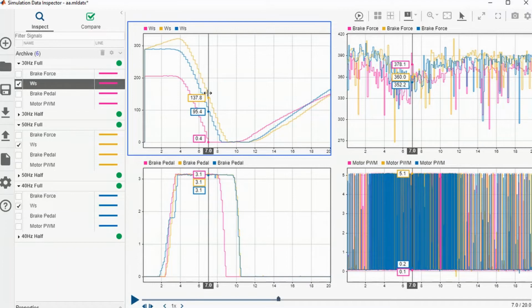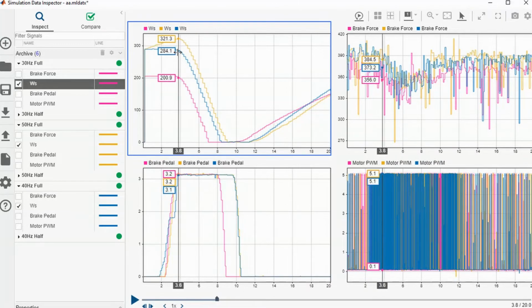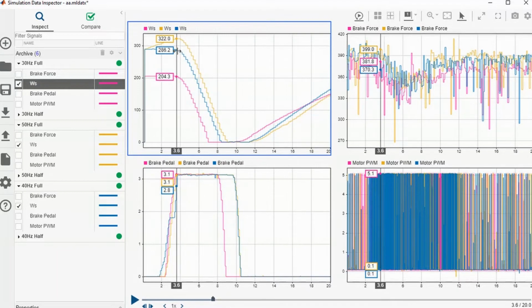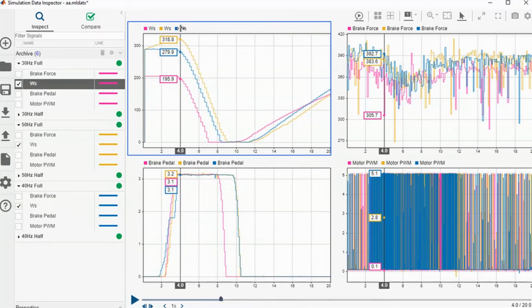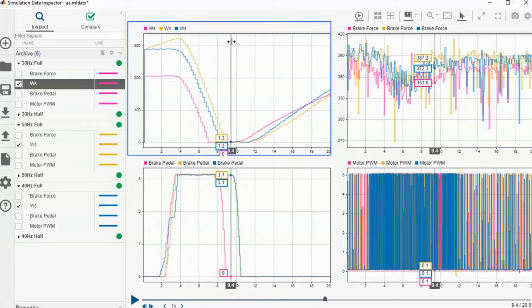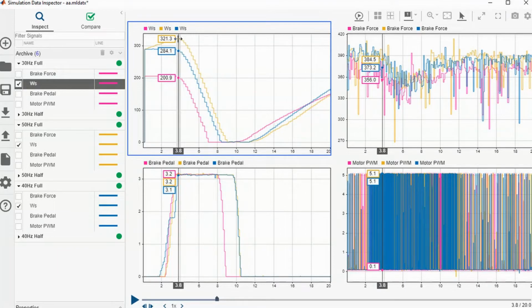For 40 hertz, at the initial braking press, it only takes 2.4 seconds to stop the wheel, and the 50 hertz moving wheels take 5 seconds to stop. The gradient, the slope on the graph, is the same because the torque value on the braking force is the same, giving the same signal.